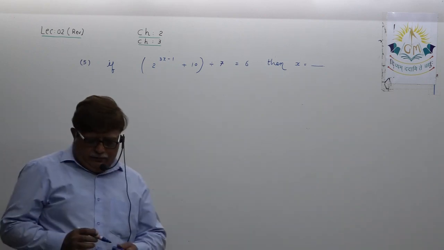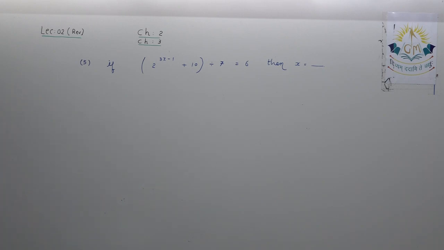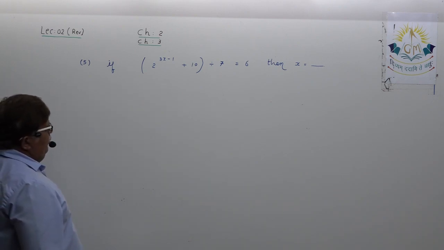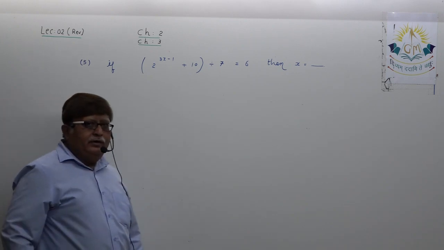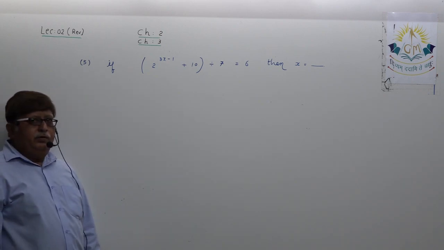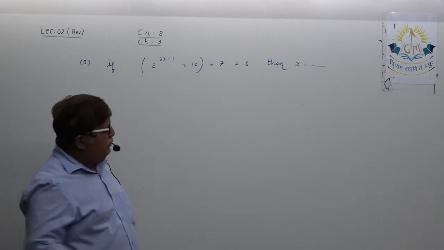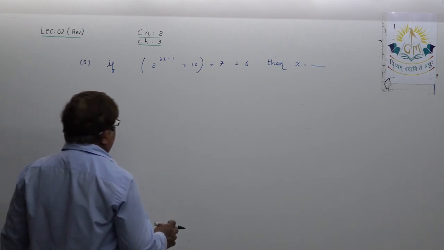As far as I can remember, somewhere in the WRTs of this chapter, we have asked such an MCQ. Maybe at that time you may have arbitrarily selected the option and might have got it correct, but ultimately you have to be very conscious. Understand, in such type of example, how to find the answer of x.